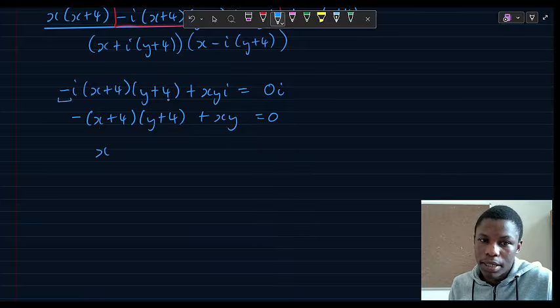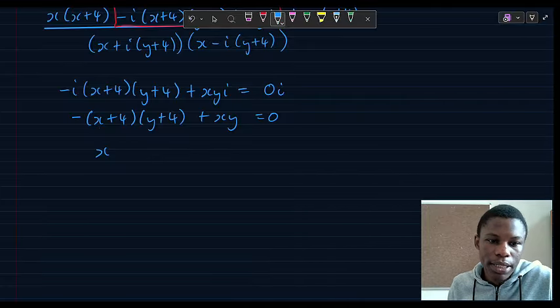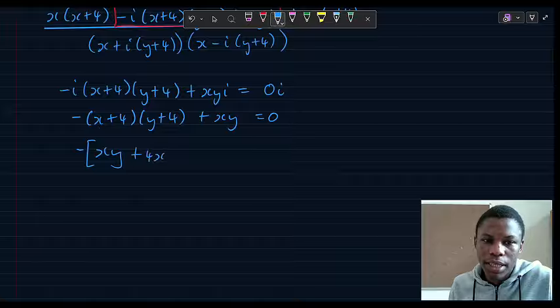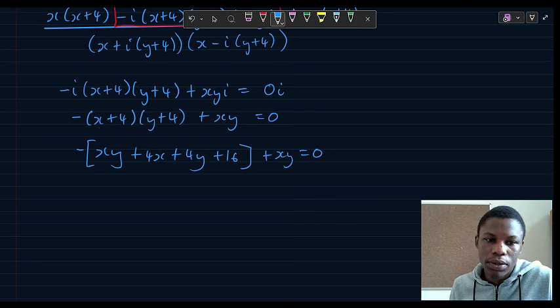I drop the negative there. The negative should still stay, we're just dividing through by i because we don't want the i. So I should have negative, and then in brackets x times y, which is xy, then x times 4, which is 4x, then 4 times y, which is 4y, then 4 times 4, which is 16, plus this xy there. This is equal to 0.